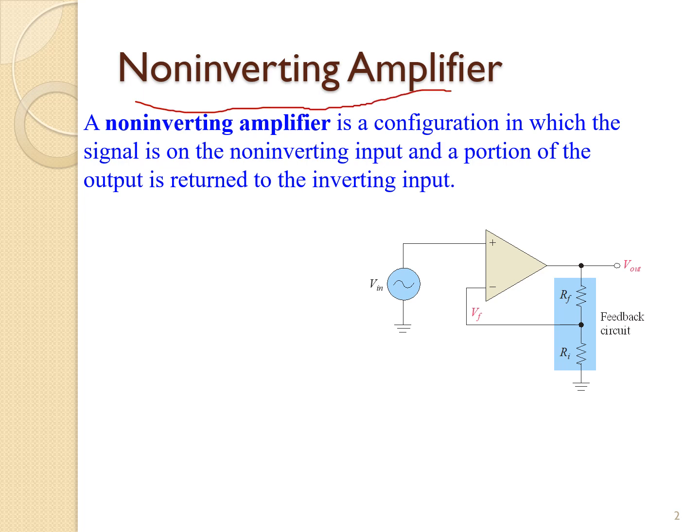Non-inverting amplifier. A non-inverting amplifier is a configuration in which the signal is on the non-inverting input and a portion of the output is returned to the inverting input.